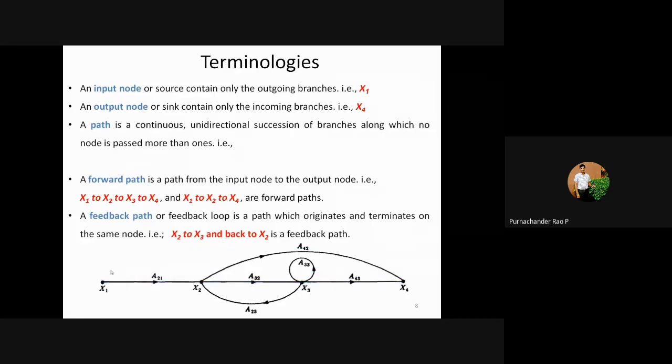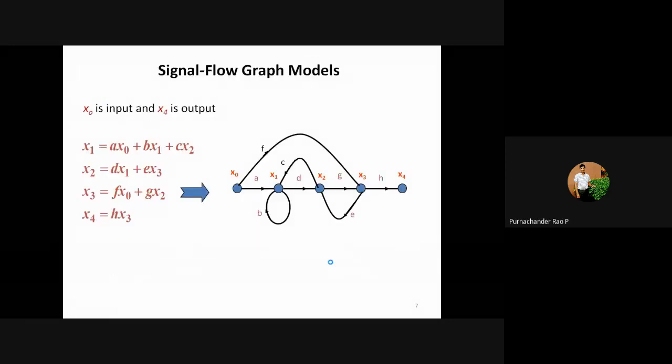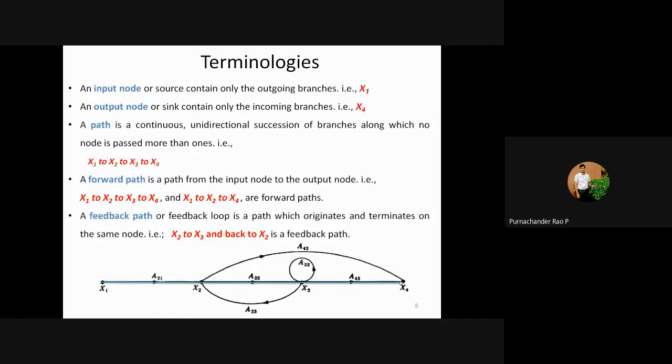So here x1 is the input node, and x4 is the output node. A path is a continuous and unidirectional succession of branches along which no node is passed more than once.